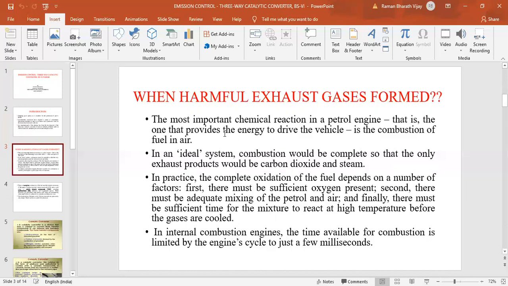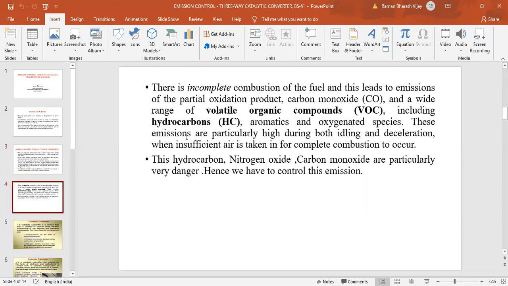So we go for EGR, exhaust gas recirculation. The main thing you have to know is that if there is adequate mixing of petrol and air, and if full combustion takes place, then pollution will not be created. If not, then automatically these harmful gases will be formed. So this is about the slide, why these harmful gases are formed.